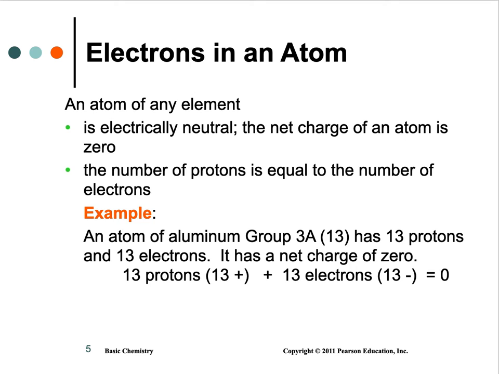Since every element on the periodic table is not charged, its positive and negative have to balance. So if there are 14 protons in the nucleus, there will be 14 electrons in the outer shell in order for it to be neutral. It doesn't matter what it is, they will add up to 0. The protons plus electrons will always cancel, so therefore they're going to be equal in number.